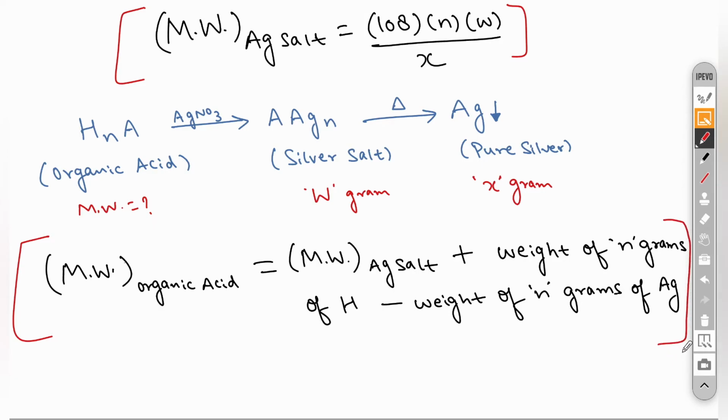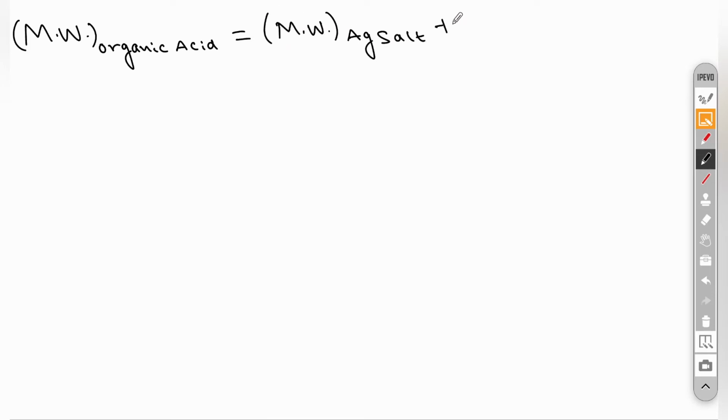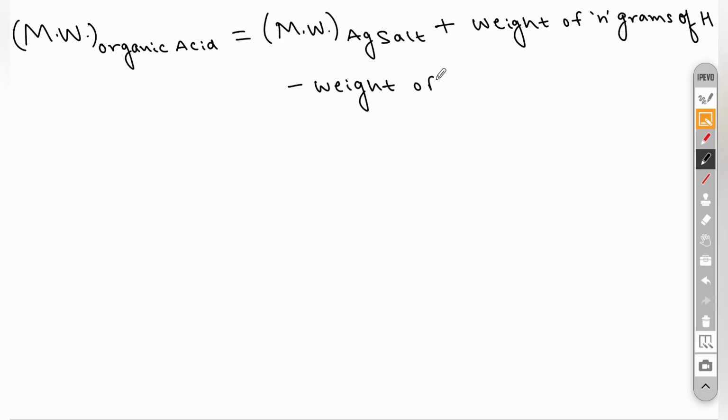So this is simply the way we will find the molecular weight of the organic acid. We will further solve it. Molecular weight of organic acid is equal to molecular weight of silver salt plus weight of n grams of H minus weight of n grams of Ag.